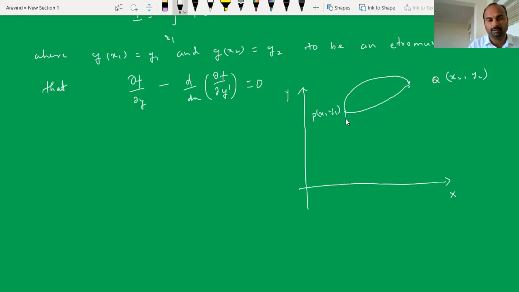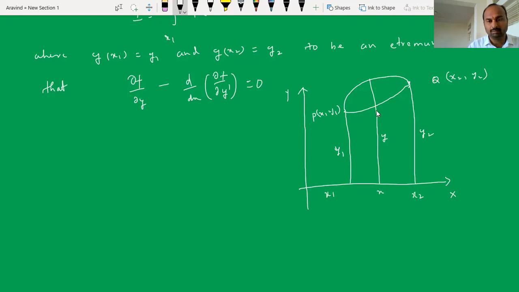This line is y1 and this distance is x1. Here you draw another line, up to here it is y and here it is x. And here this is x2 and y2.